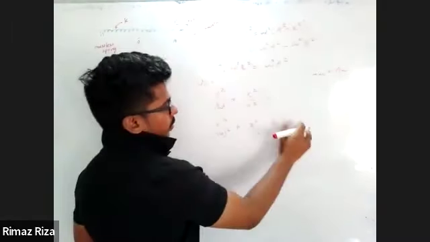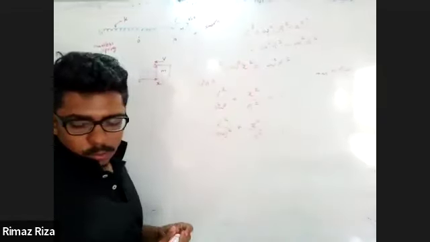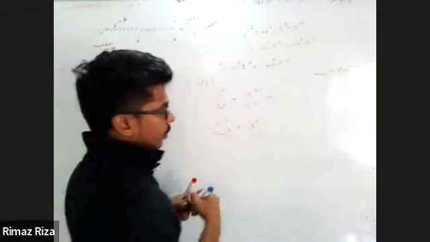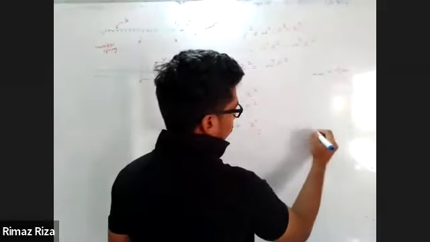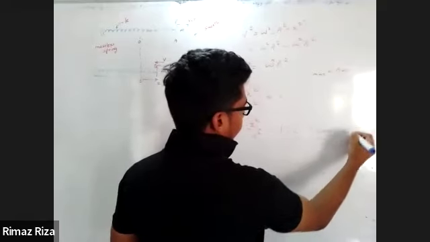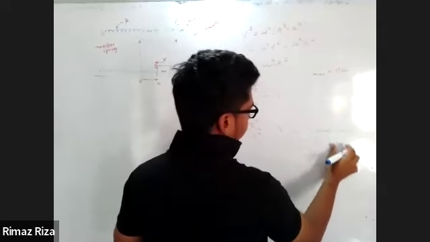Okay, so what is this formula? What is this equation? This is the equation of an ellipse.